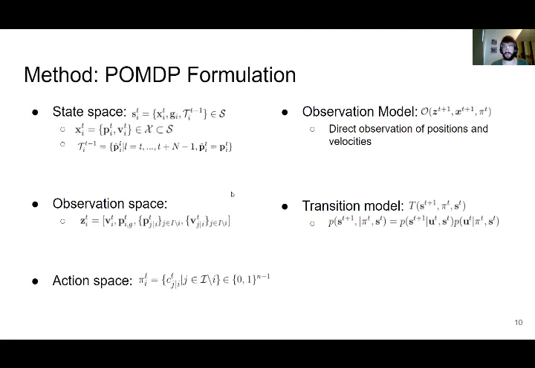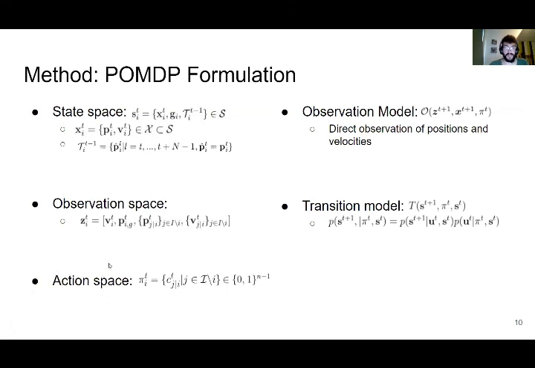In order to get to this objective, we formulate the following POMDP, in which the state space is the same as we have defined before. The observation space is composed by the velocity of the robot, and its relative position to its goal and the other robots in the system, as well as the relative velocities to the other robots in the system.